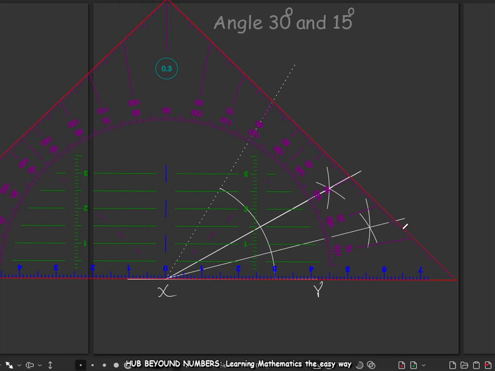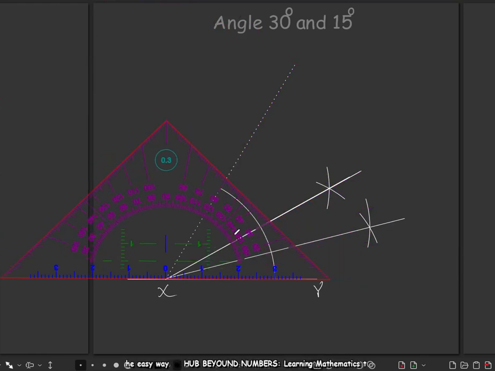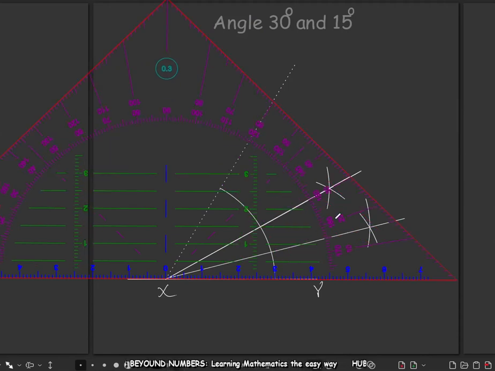You see? And then as we are seeing, this side is 15. If you are measuring from this side, it is also what? If you look at my calibration here, it's also 165.